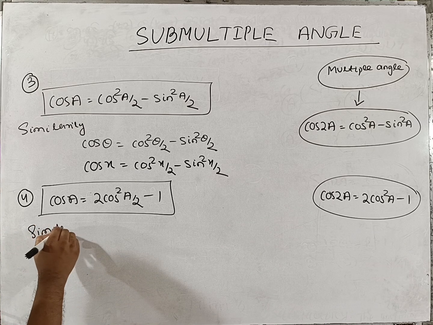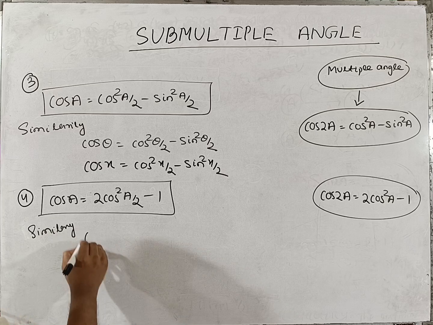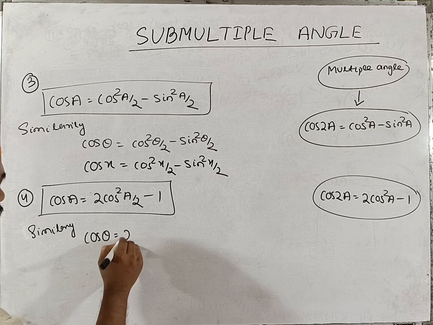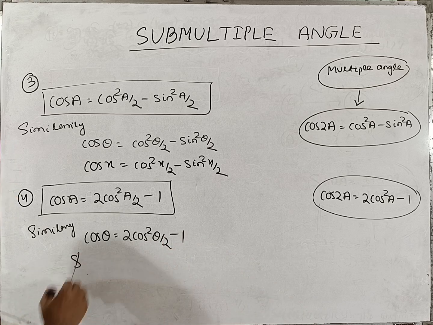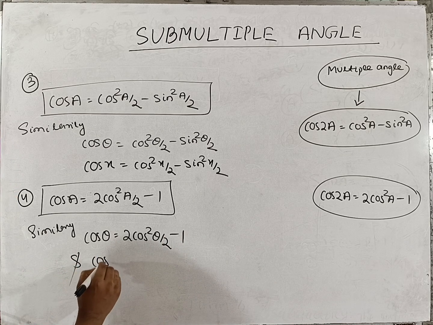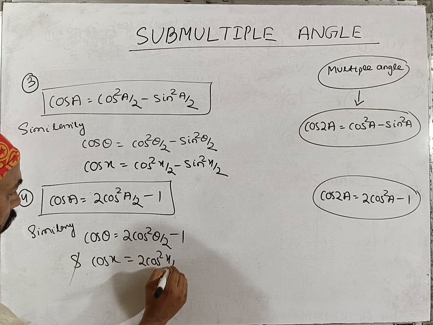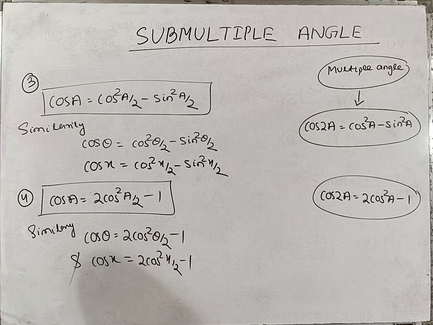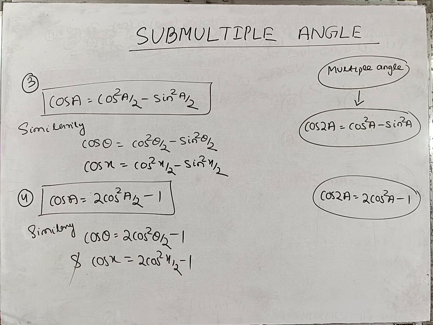Similarly, cos theta is equal to 2 cos square theta by 2 minus 1, and cos x is equal to 2 cos square x by 2 minus 1. So here it is all about the fourth formula. Now let us look at some notes based upon the fourth formula.